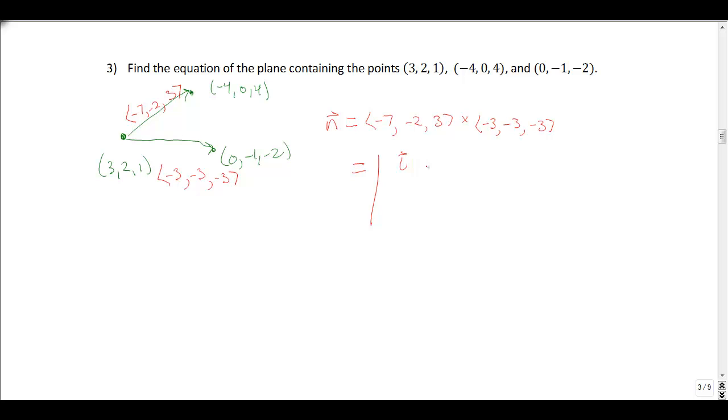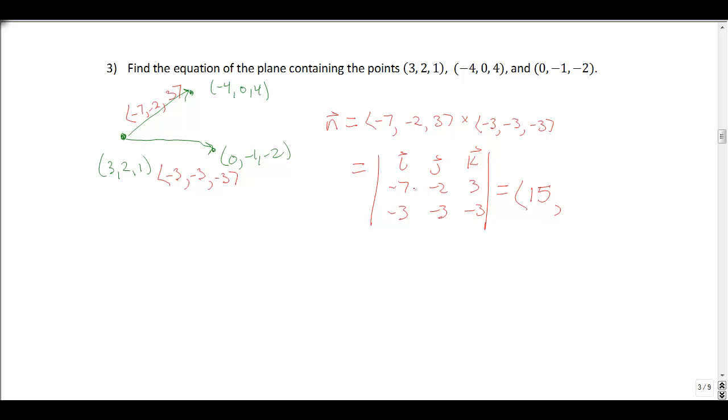So you get, here, let's see, (-7, -2, 3), (-3, -3, -3). In the I component, we get -2 times -3 is positive 6, minus 3 times -3, that's minus -9, so plus 9, that's a 15.